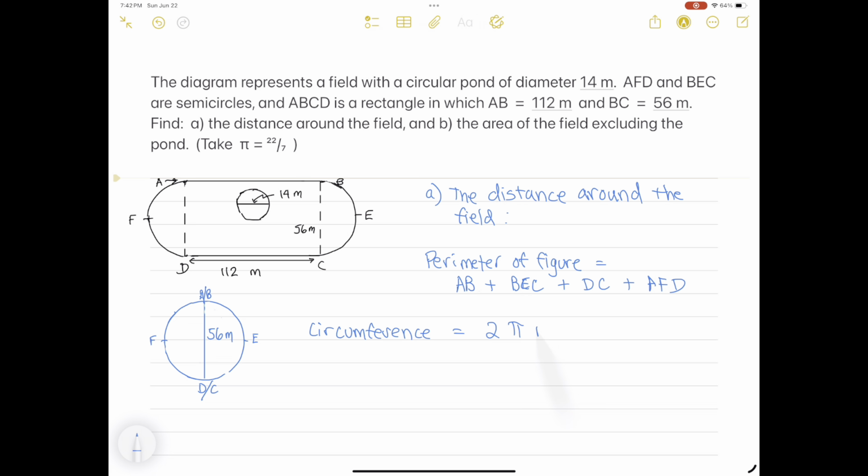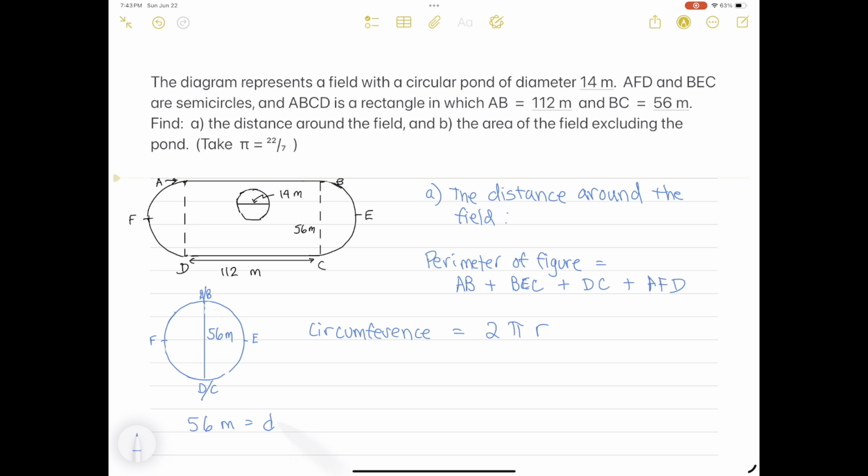The formula for circumference is 2 pi r. And the circumference, if you recall, is the distance around the circle or its perimeter. In the equation 2 pi r, the r is the radius, which is half of the diameter.